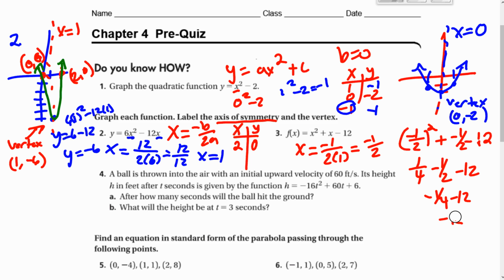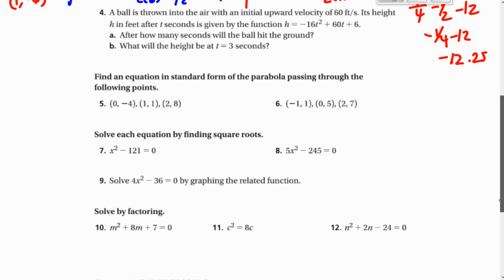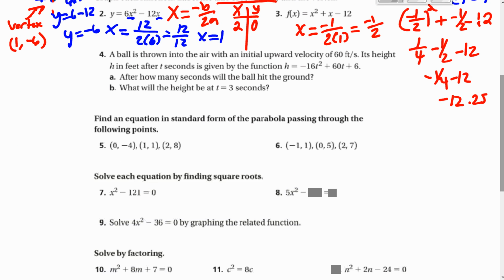You could change it to a decimal if you want to, so minus 12.25. Now I'm going to graph that, which kind of looks ugly, but go ahead and do that. So this is number 3. I go down and I go over negative a half, so that's like negative 1 and a half would be through here.